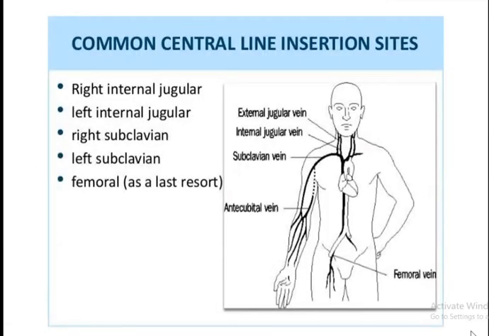Now, we can insert this central venous catheter. Some of you must have inserted, or seen it in your postings. We can insert it in the external jugular vein, internal jugular vein, subclavian vein, or femoral vein. So these are the three sites: jugular, subclavian, or femoral.